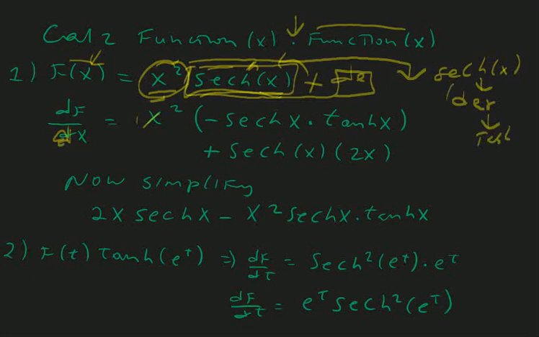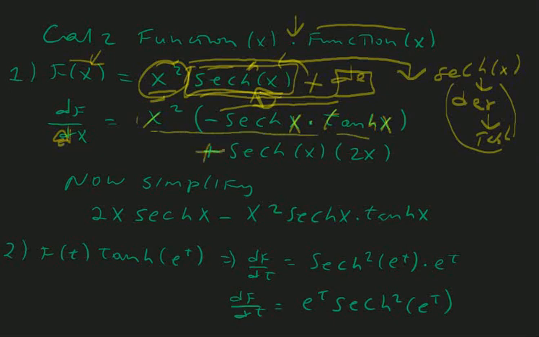The derivative of this is equal to the hyperbolic secant x times the hyperbolic tangent x. So you do the first function times the derivative of this. So we did this, and then you add.